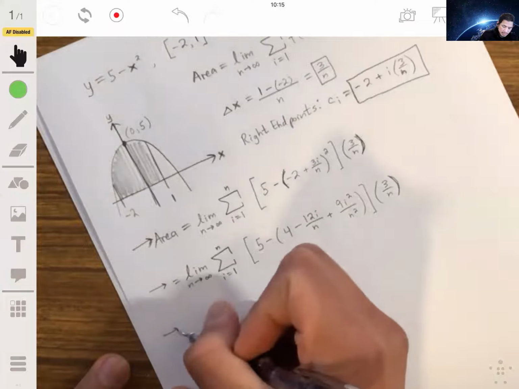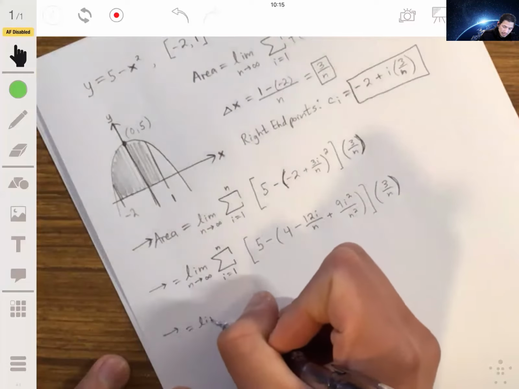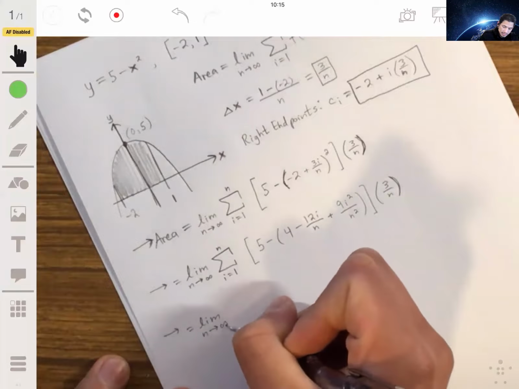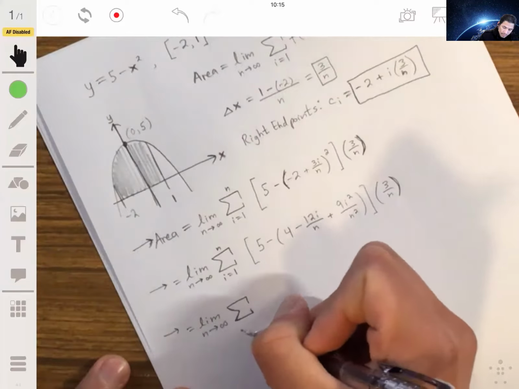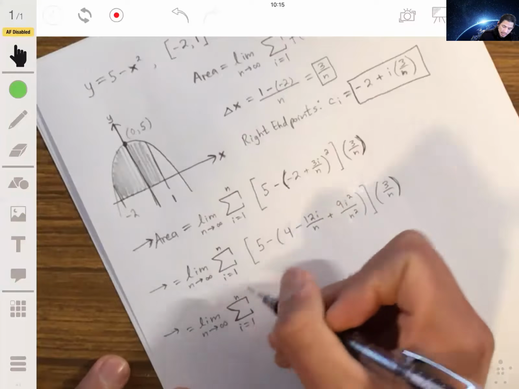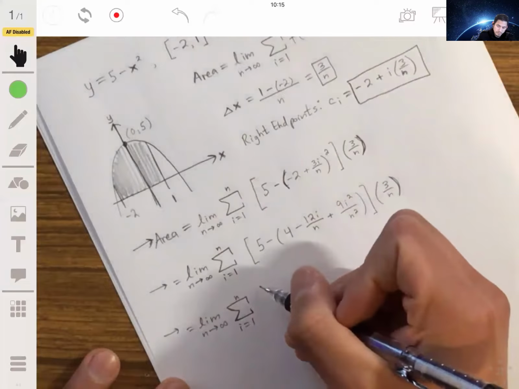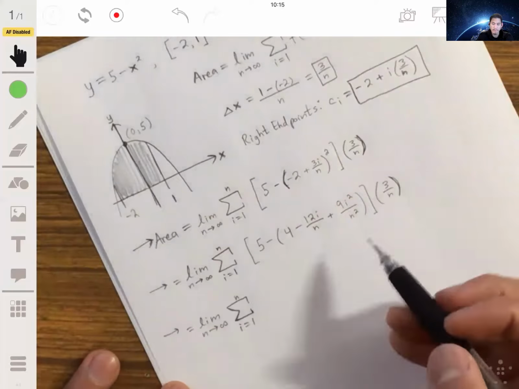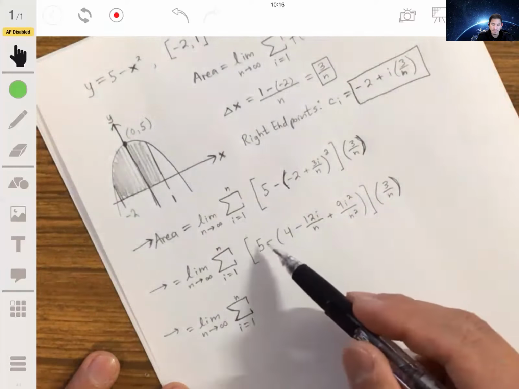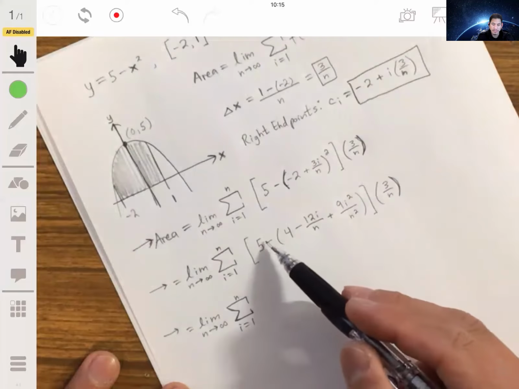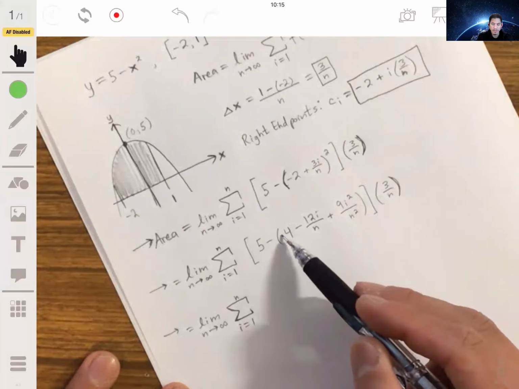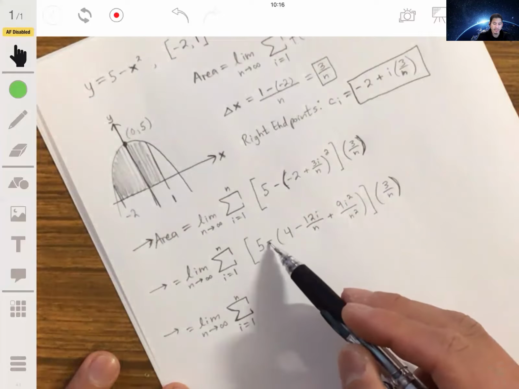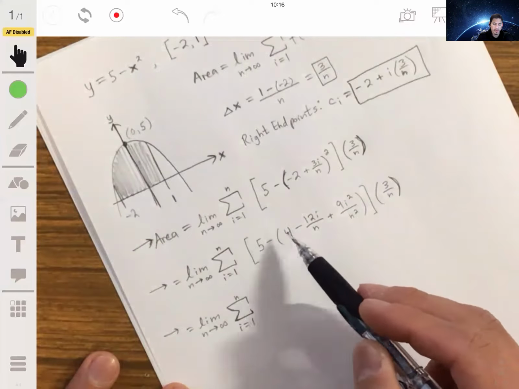We'll just go to the next line so I don't have to squeeze anything in there. So taking the limit as n goes to infinity of the Riemann sum, i equals 1 to n. Let's save some work here. We're going to combine the 5 minus 4, and then we'll get a 1 here.